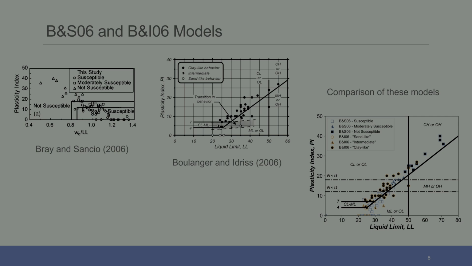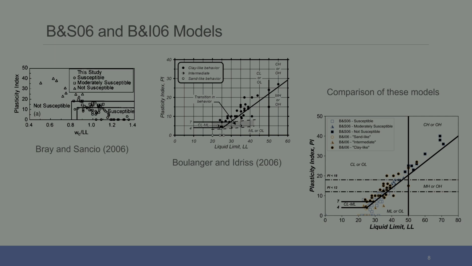Let's move on to the existing susceptibility models. There are two most commonly used models, which are Bray and Sancio 2006 and Boulanger and Idriss 2006. Bray and Sancio uses water content over liquid limit and PI in their model, and Boulanger and Idriss uses liquid limit and plasticity index.